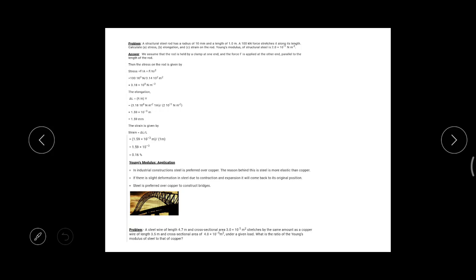For finding the stress value, the force applied, 100 kilonewton, is divided by the area. The radius is given in millimeter, so first you have to convert that into meter, and using the pi r square value you can find the area, and then substituting those values in F by A, you can find the stress.